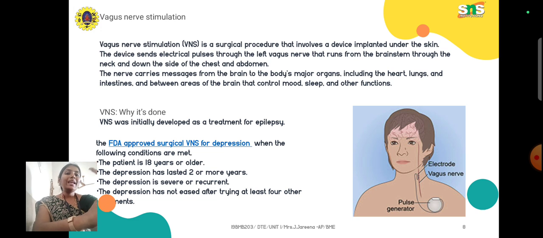The main aim of vagus nerve stimulation is to treat a particular condition called epilepsy. Do you know what epilepsy means? Epilepsy is a kind of seizure, or we can also say fits. In certain cases where there is no other method to control this type of epilepsy, then we have to go with vagus nerve stimulation.